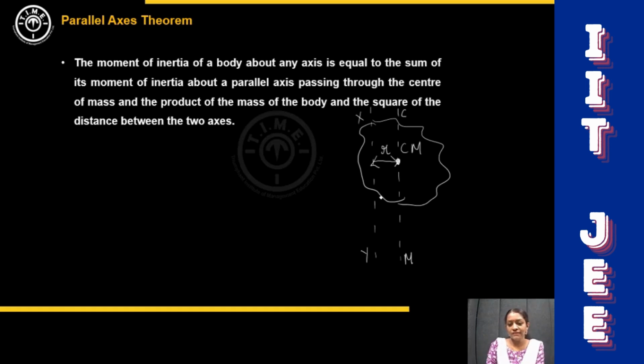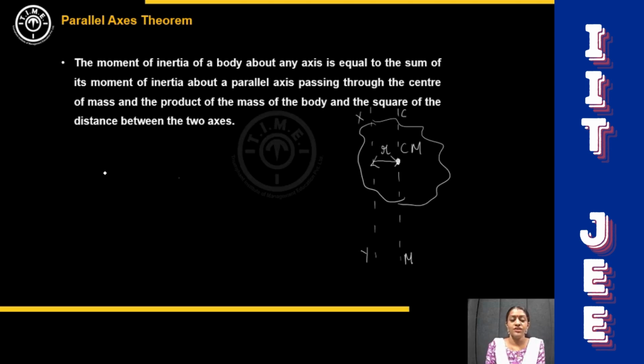Okay. So, we have considered two axes. First one is an axis passing through center of mass. We just named it as CM, and we are considering one more axis XY, which is exactly parallel to the axis passing through center of mass, and now I have considered R as the distance between the two axes.